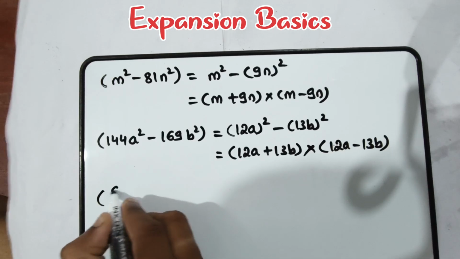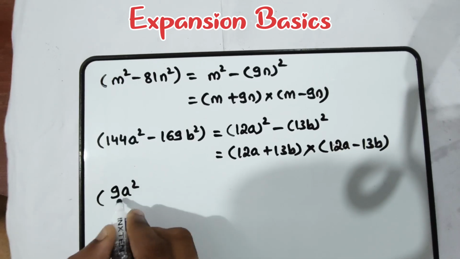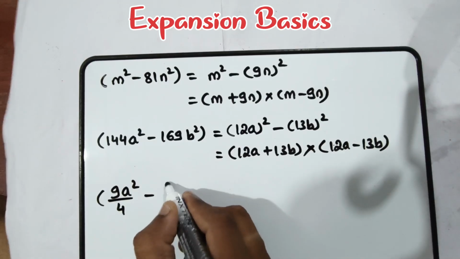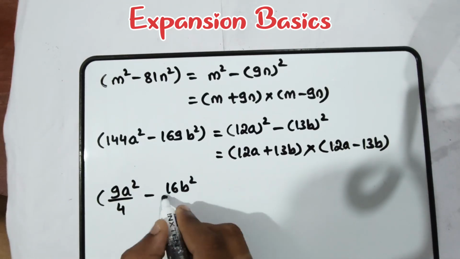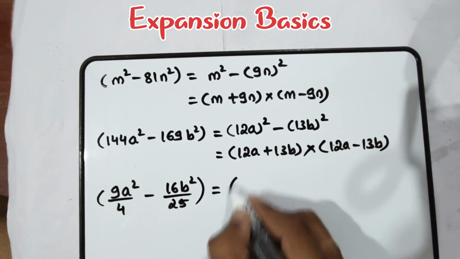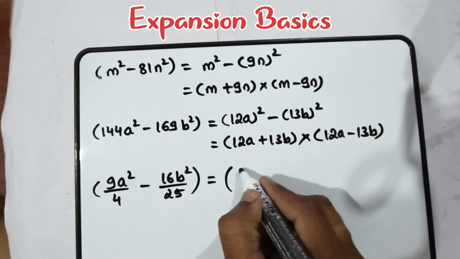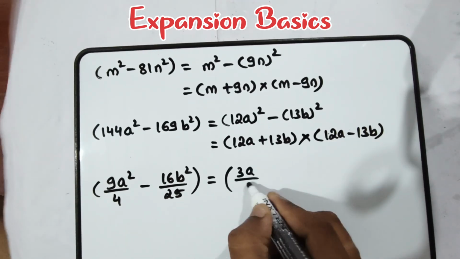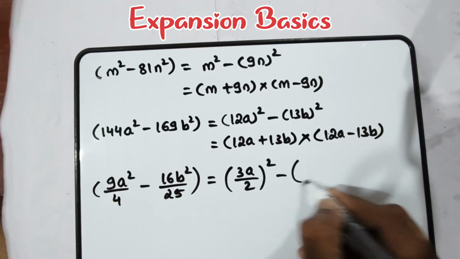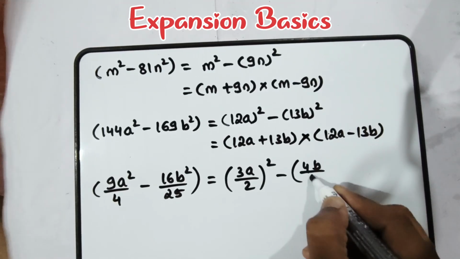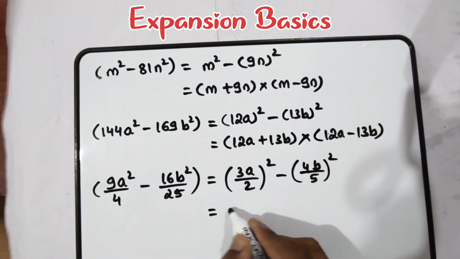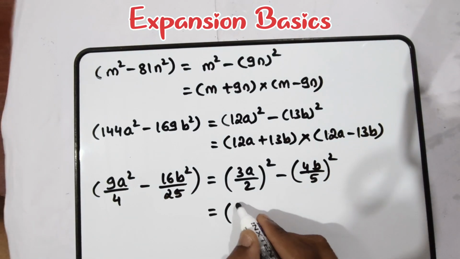Here we go with one more question. 9a square by 4 minus 16b square divided by 25. 3a by 2 whole square, that is 9a square by 4: 3 square is 9, 2 square is 4. 4b by 5 bracket square, 4 square is 16, 5 square is 25.